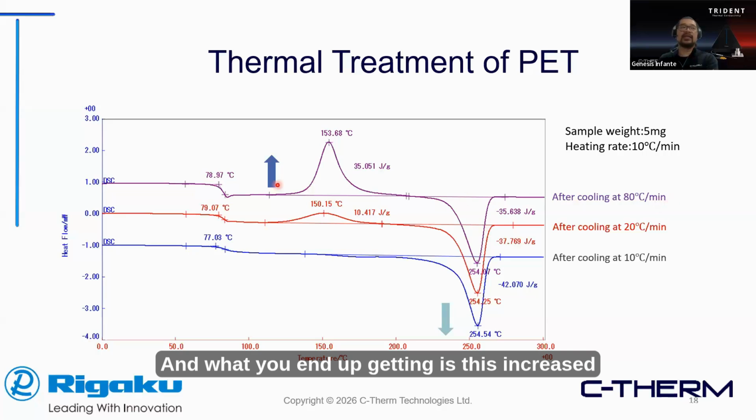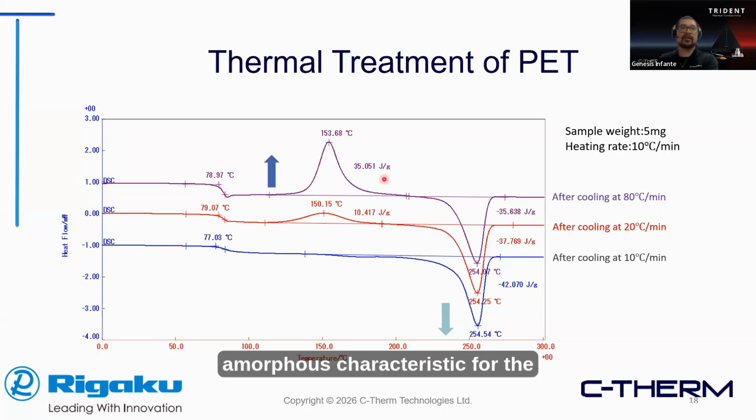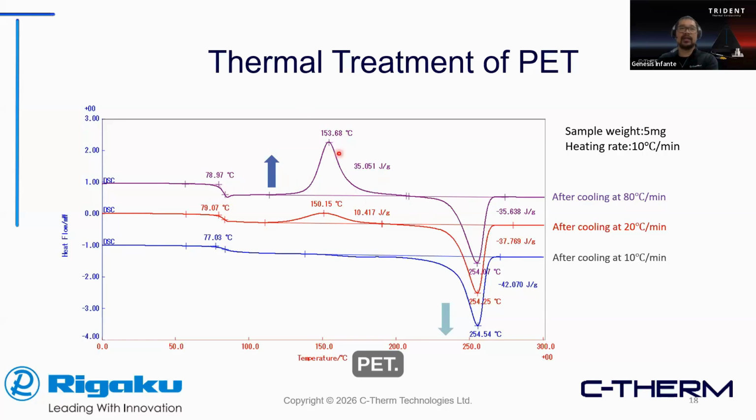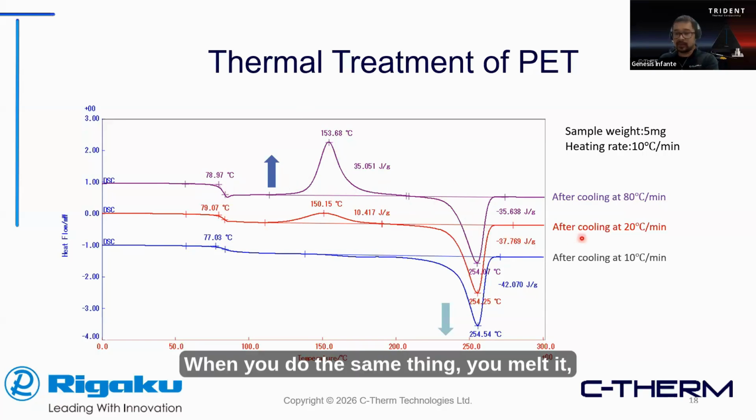What you end up getting is an increased amorphous characteristic for the PET. When you do the same thing, melt it and then cool it down at a slower rate, about 20 C per minute, so four times slower, what you see is a decrease in the amorphous form of the polymer.